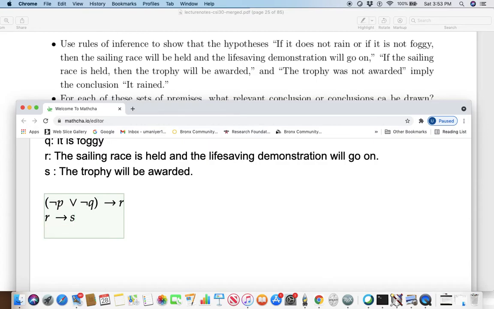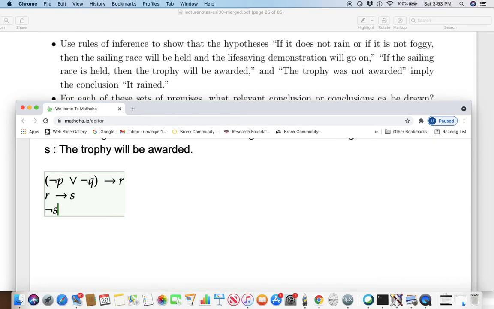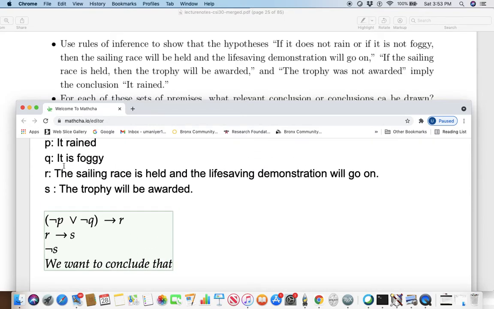So the third hypothesis or premise is that trophy was not awarded. So you want to conclude that it rained. That we want to conclude P.